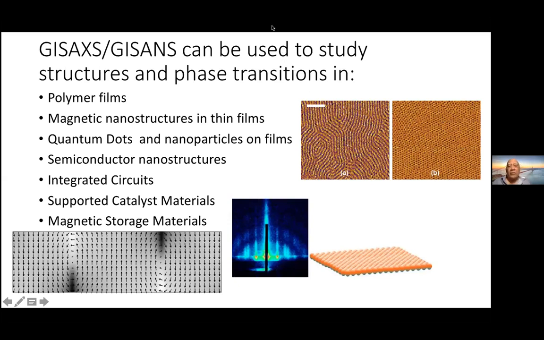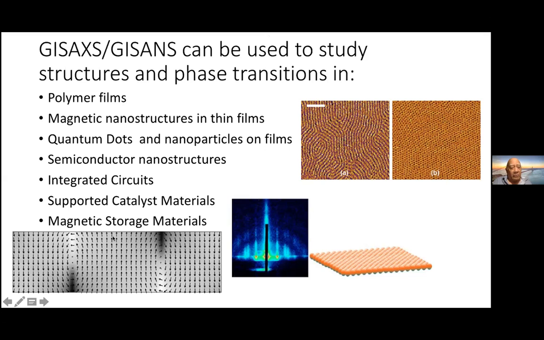So as you probably know already, GISAXS and GSANS can be used to study structures and phase transitions in polymer films, magnetic structures and thin films, quantum dots, nanoparticles on films, on surfaces, semiconductor nanostructures, integrated circuits, supported catalysts and magnetic storage materials.